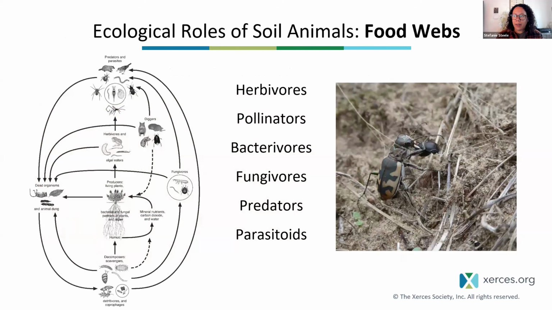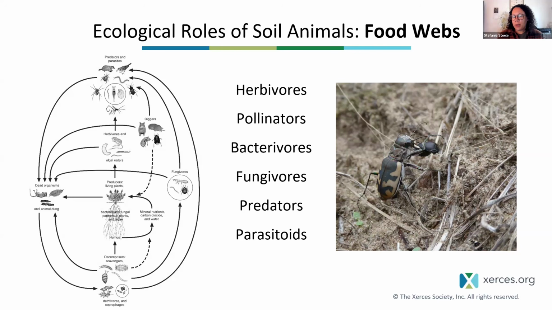Here we have another example of a food web. Soil invertebrates are also really important in numerous ways to these soil food webs. This diagram on the left shows us some of the different roles and how these animals or other organisms can be interconnected. We see that these food web roles include various plant eaters, such as herbivores or pollinators.